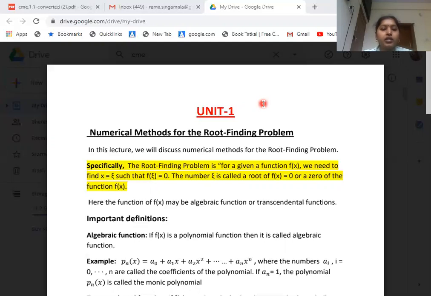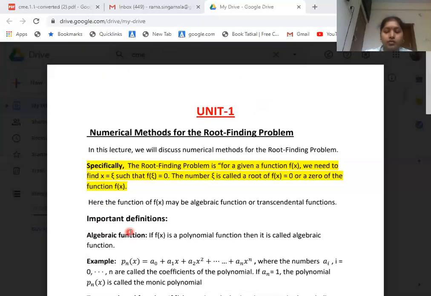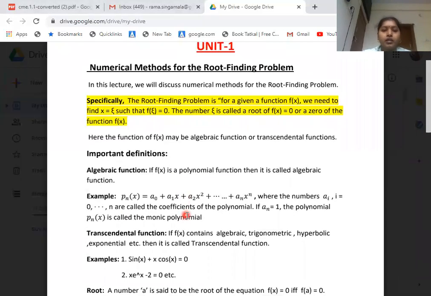Here, the function f(x) may be algebraic function or transcendental functions. Before going to solve the equation f(x) = 0, we need to recall some definitions. The important definitions are, the first one is algebraic function. Algebraic function is nothing but a polynomial expression form.